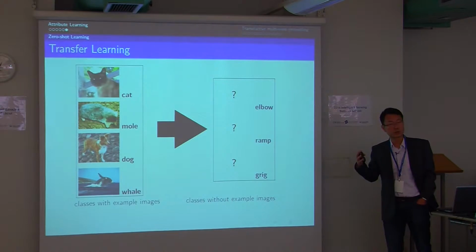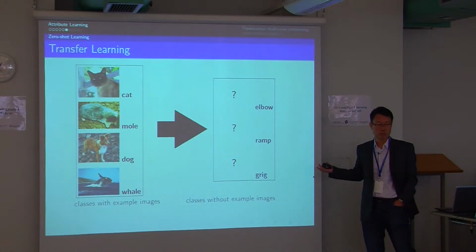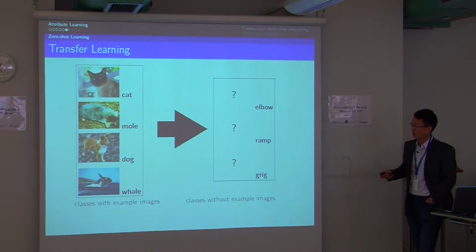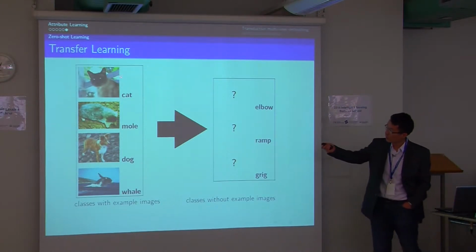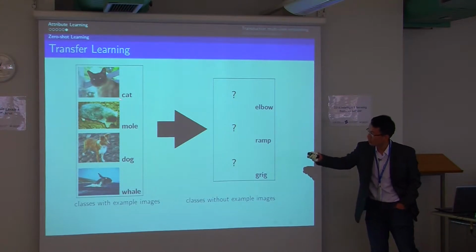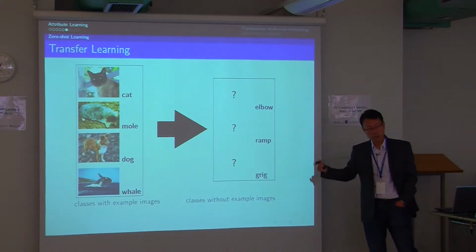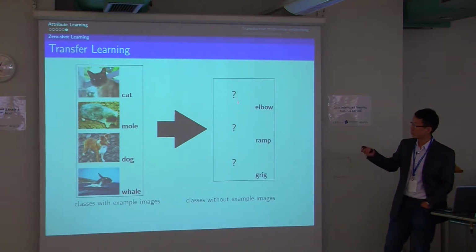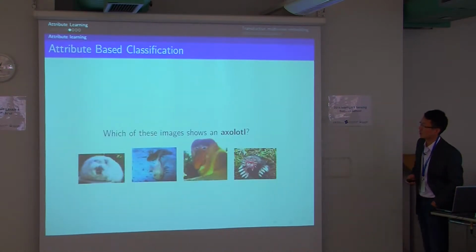That kind of knowledge is very useful for you to transfer because it is shared across different categories. If you want to transfer any knowledge, it must be shared. So the idea of transfer learning for zero-shot is that if we can learn some shared knowledge out of the data we have plenty of training samples for, we want to transfer this to some new categories where we do not have any training samples to recognize them.